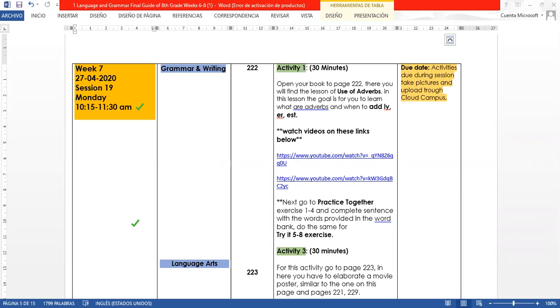So in the practice together, let's take a look. It says, say each sentence with an appropriate adverb from the box. Explain whether the adverb tells how, where, or when about a verb, or whether it makes an adjective or adverb stronger. So 1 to 4 is giving us 4 words here in the word bank. So we're going to fill in the blanks with each word.